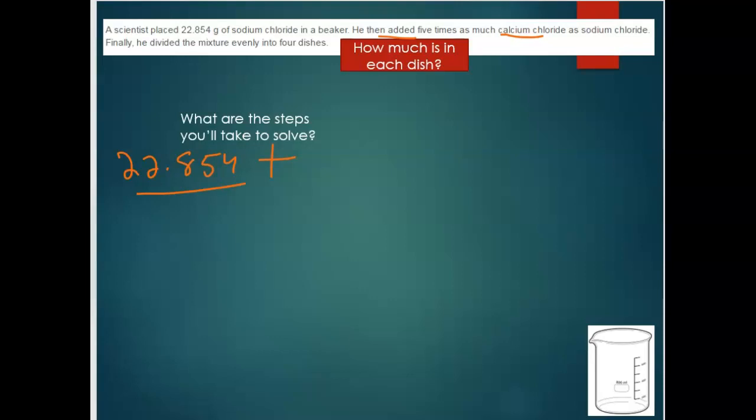So I can write that in one big step by adding the quantity of 5 times 22 and 854 thousandths. That's the amount of sodium chloride we're talking about. 5 times the amount gives the calcium chloride.